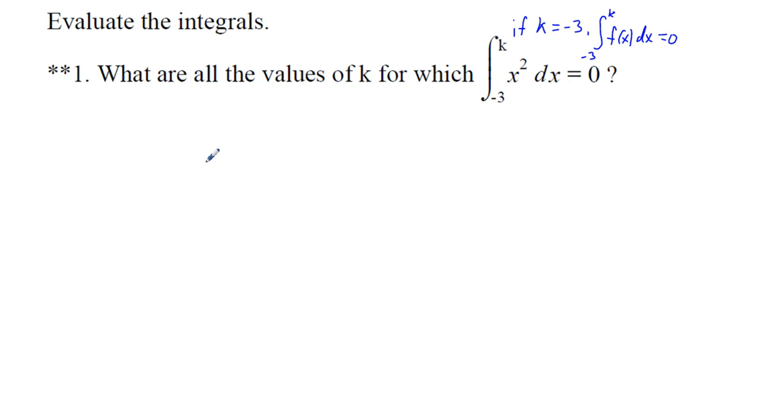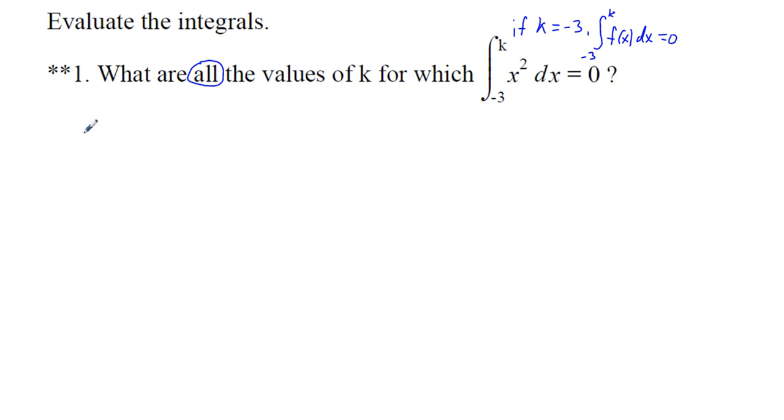And have we finished everything here? No, because it says what are all the values, and so we haven't really verified that that represents all the values. Now graphically, I think we could do that pretty easily, but I want to have us use the analysis here.